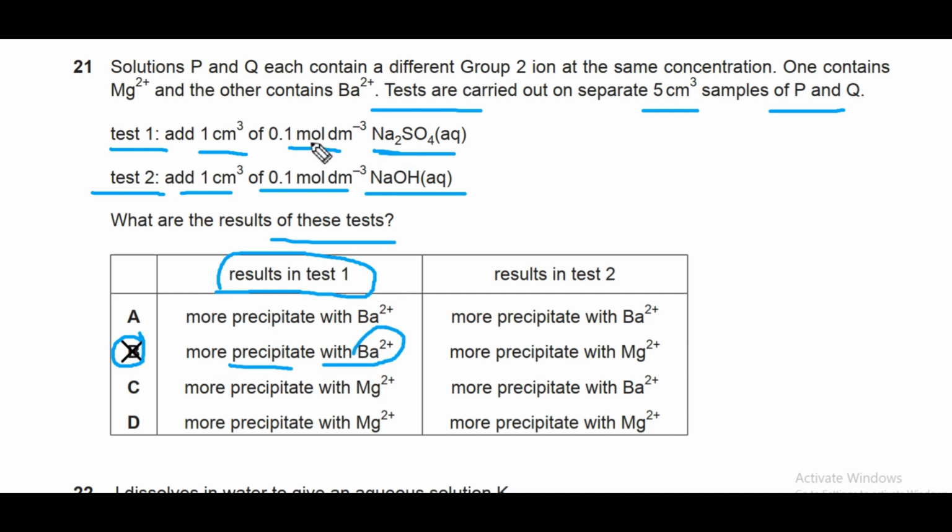Test 1, magnesium reacts with sodium sulfate, magnesium sulfate white precipitate is formed, and barium ion reacts with sulfate to form barium sulfate.